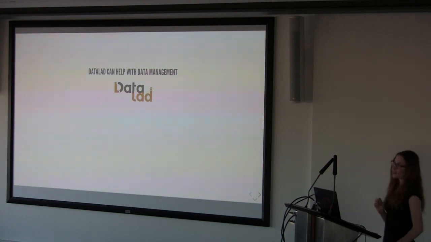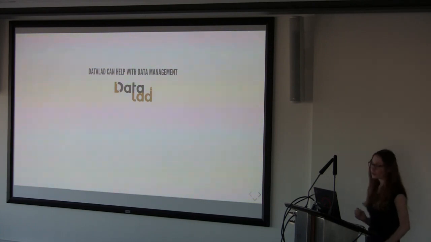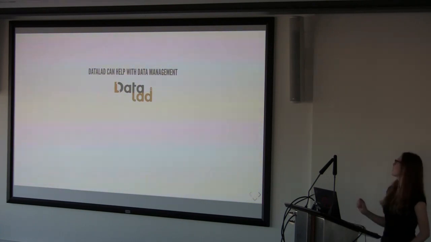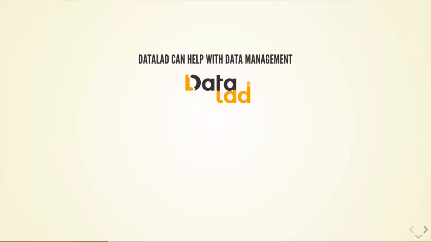But it can do automatic provenance capture and version control of arbitrarily sized files, and that tool is called DataLad. It's developed here in the Psychoinformatics lab, and today I want to give a brief introduction on what it is, why one should use it, and how it can be used.